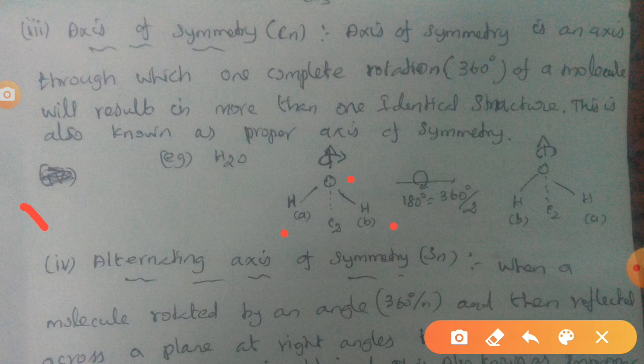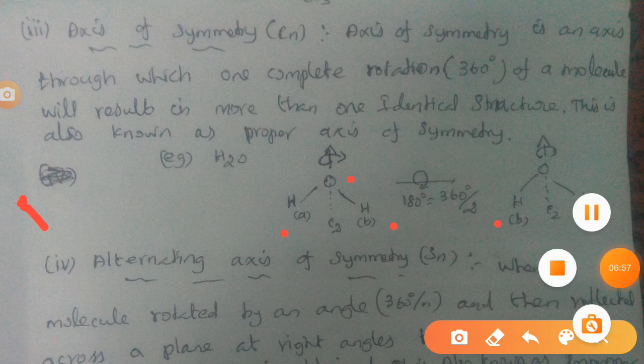Look at one rotation of around 180 degrees. A goes to the other side, B goes to the other side. You can see B is here and A is on the other side. That is the axis of symmetry.